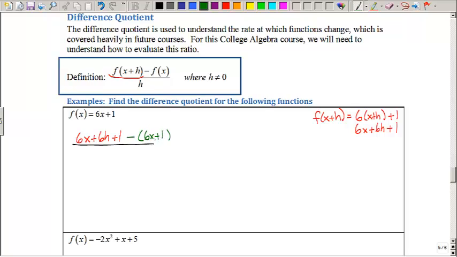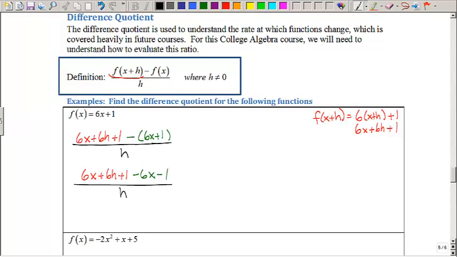I put this in parentheses because I want to subtract the entire function, and I'm going to have to distribute. Lastly, I have this whole function divided by h. Next, I'd like to simplify the numerator by distributing the negative 1. Combine like terms.